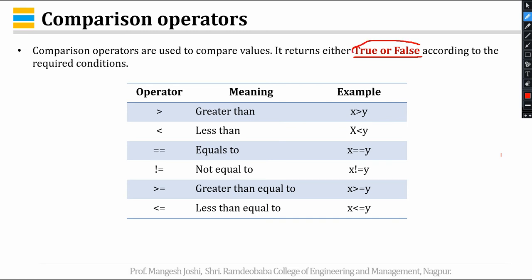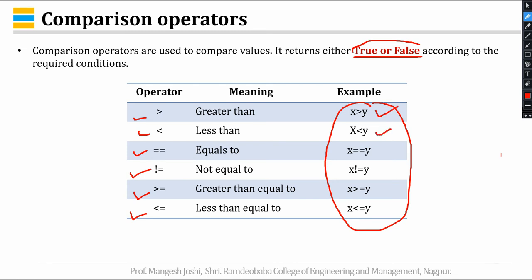So there are a number of comparison operators also, that is greater than sign, less than sign, double equals to sign, not equal to sign, greater than equal to sign, and less than equal to sign. Okay. So in this way, the examples are given over here: x greater than y, x less than y, both x and y are same, x is not equal to y, x is greater than equal to y, or x less than equal to y.